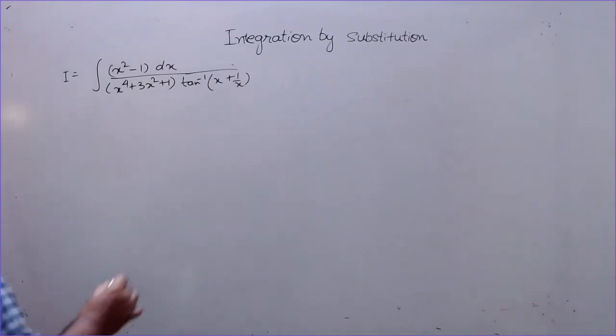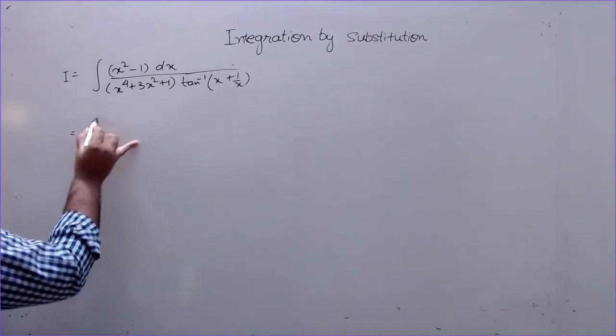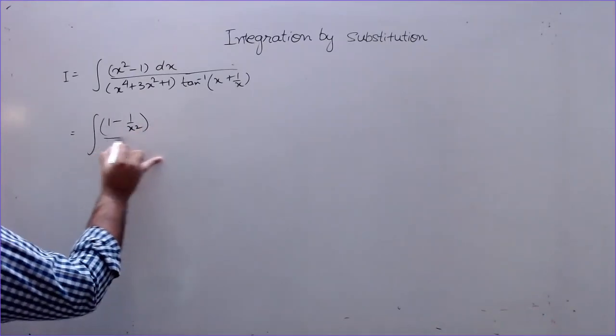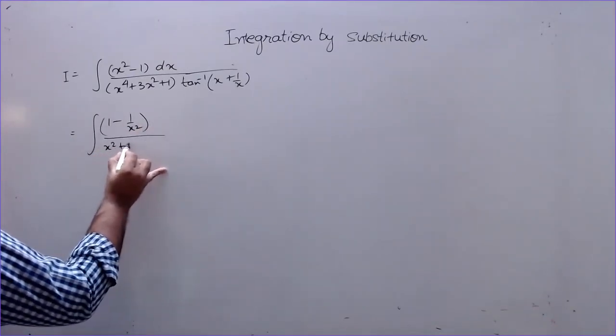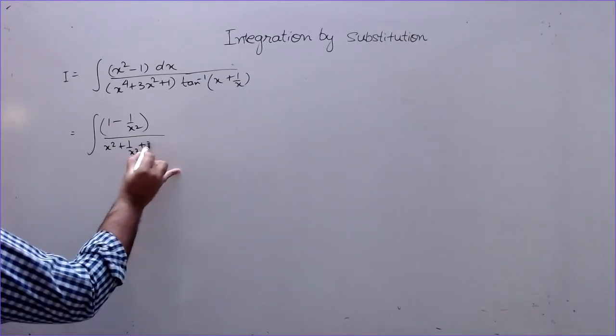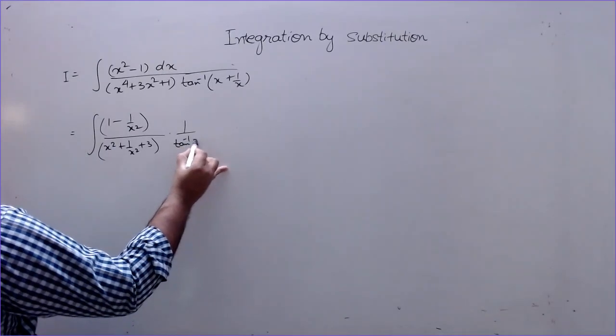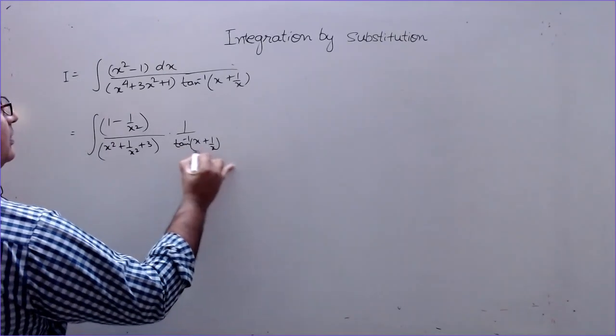So dividing by x square, numerator and denominator, 1 minus 1 by x square upon x square plus 1 by x square plus 3, into 1 over tan inverse x plus 1 by x dx.